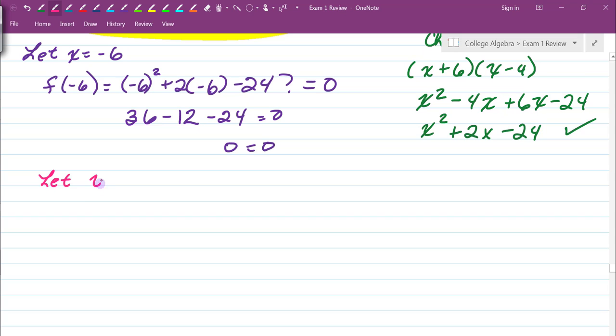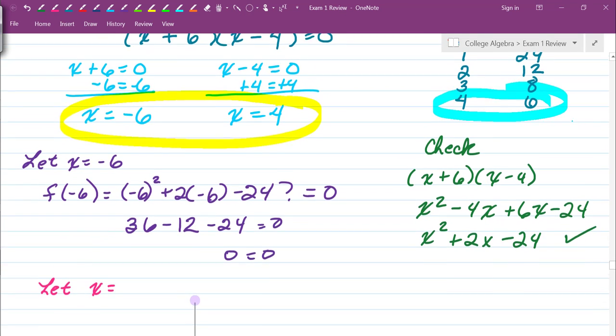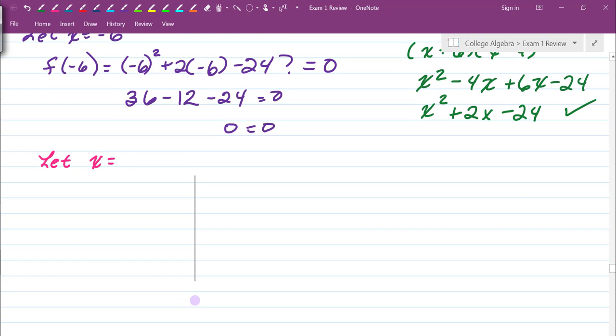That's going to be finding f of 4, which is equal to 4 squared plus 2 times 4 minus 24.